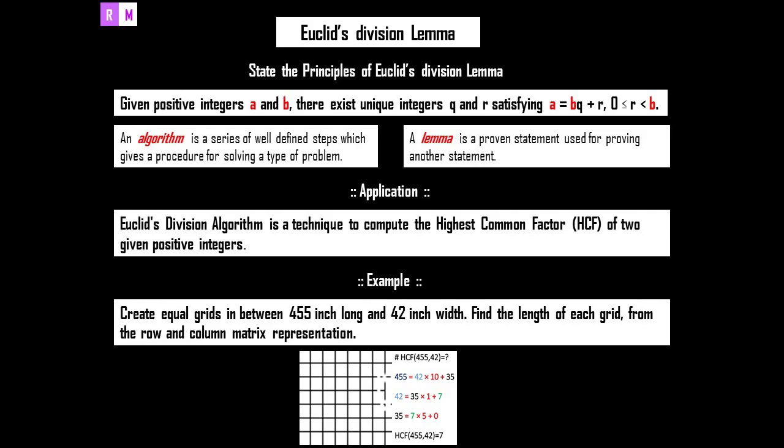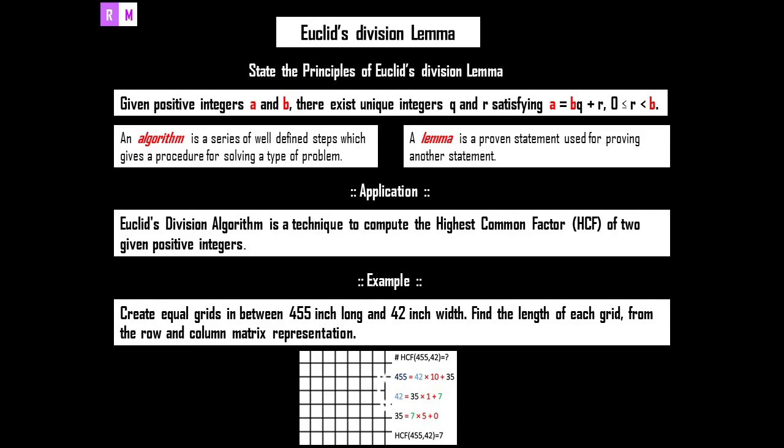Satisfying the equation, we get a equals bq plus r. This states the principle of Euclid's division lemma. So what are an algorithm and a lemma? An algorithm is a series of well-defined steps for a problem, and a lemma is a proven statement.